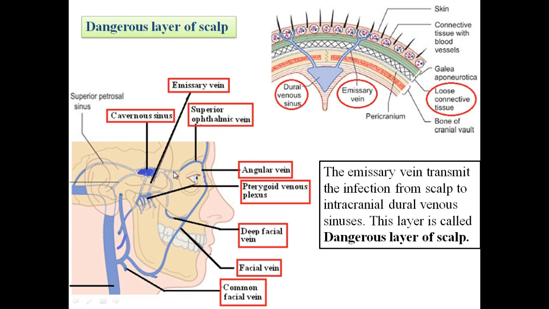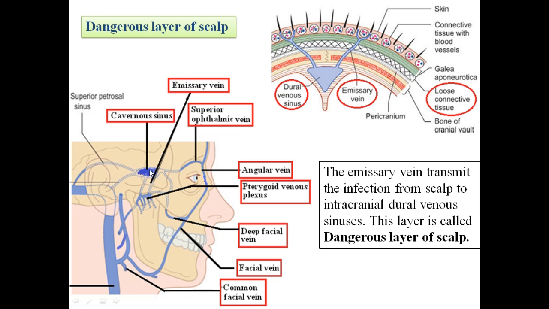And here you can see in this image the emissary vein closely communicates with the superior ophthalmic vein and supraorbital, supratrochlear veins and facial veins, and further at the level of the face it communicates with the deep facial vein to the pterygoid venous plexus.